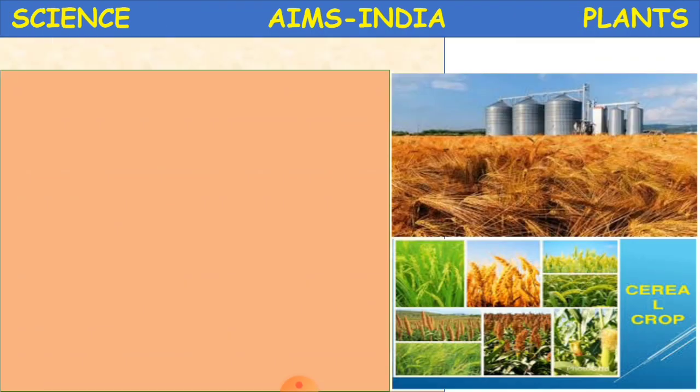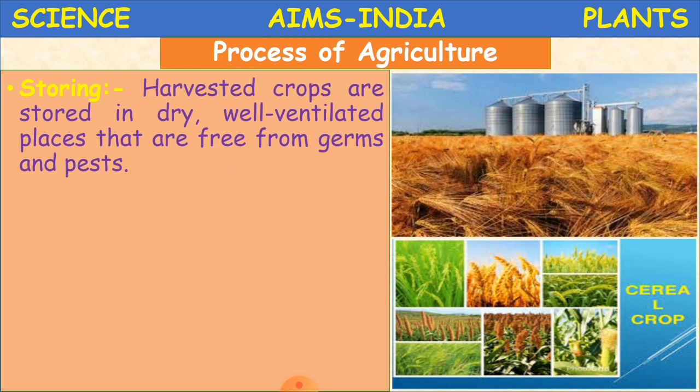Now we'll see the last procedure, that is storing. Now we have cut the crop, and what do we have to do? We have to store it. Harvested crops are stored in dry, well ventilated places that are free from germs and pests.